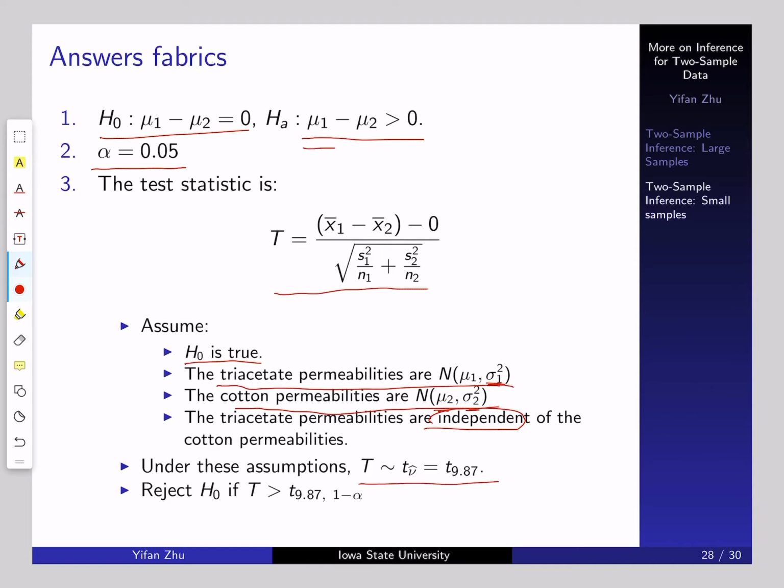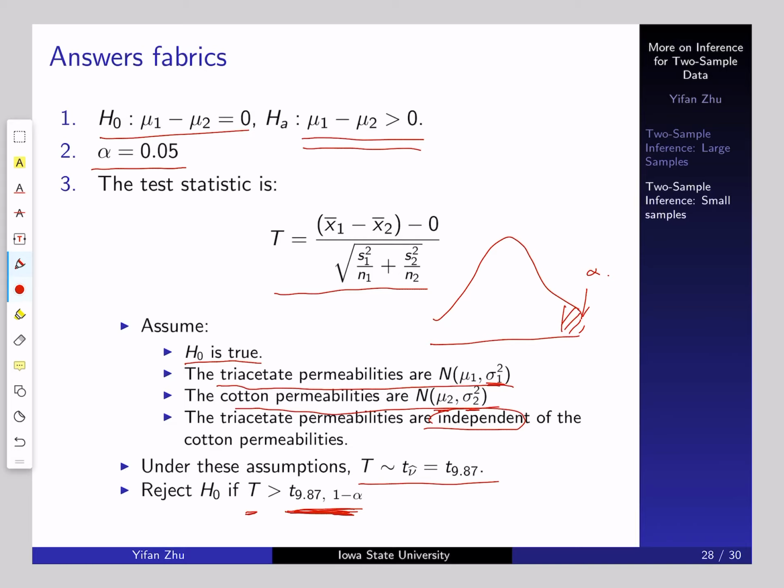And since the alternative is that mu1 minus mu2 is greater than 0, we will reject the null when the test statistic is greater than a critical value. So this is the 1 minus alpha quantile, because we want the probability to the right of the critical value to be alpha.